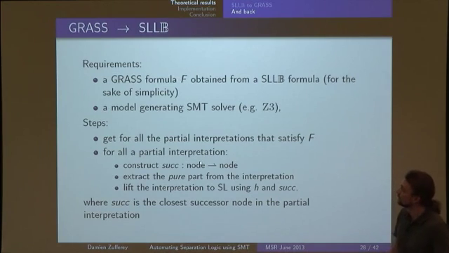We can lift it to any general formula in GRASS, but just to make it simpler now, I assume that it comes from the translation. And then we'll need a model generating solver, for instance Z3. So the step is that we push the formula F to the solver and get a partial interpretation, and then from this partial interpretation we lift a formula in separation logic, then push the partial interpretation as a blocking clause to the solver, go to the next partial interpretation, and basically iterate until the formula is not satisfiable, and then we have the complete frame.